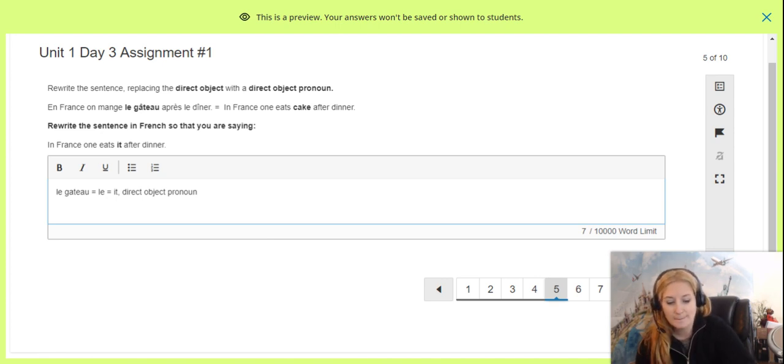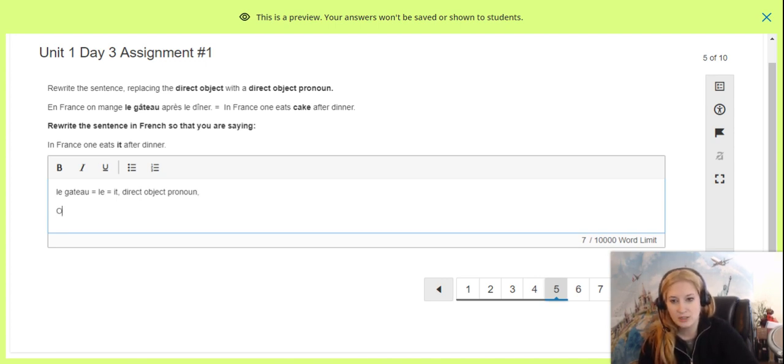Where does it go? That's when we count the verbs. Okay, so on mange après le dîner. So we're left with one eats after dinner. One action is eats. Remember our rule. One verb, the pronoun goes in front.